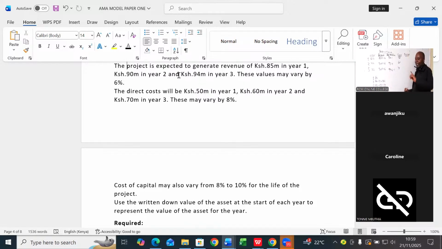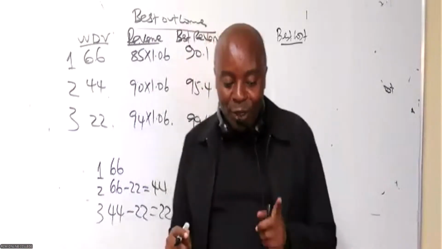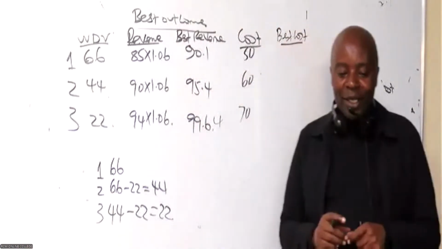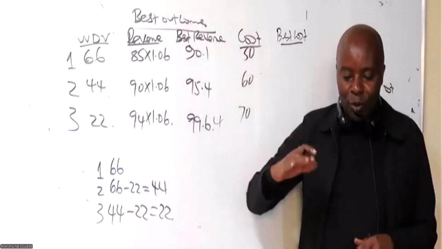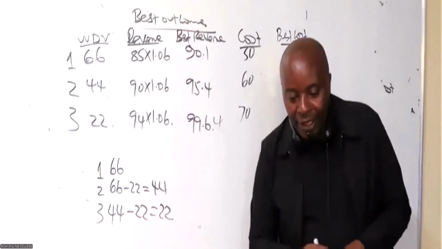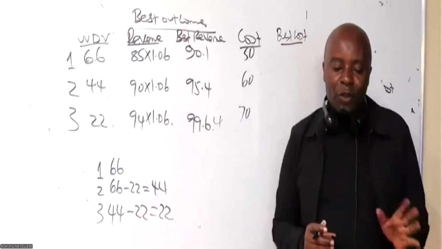Varying means either increasing or reducing. What will I do to get this best cost? Because first part is best outcomes, best revenue, best cost. Reduction by 8%.